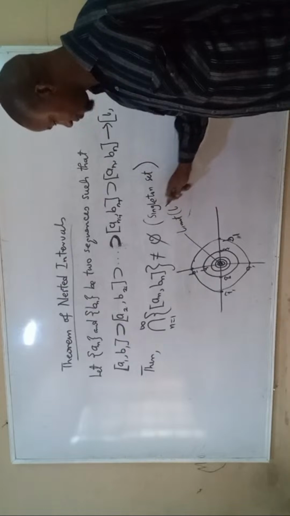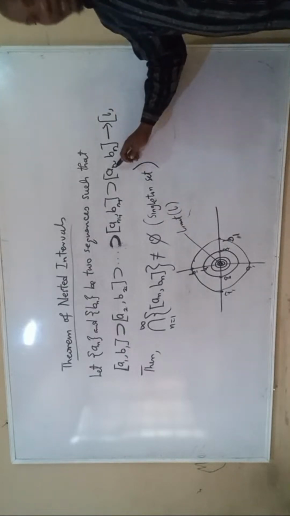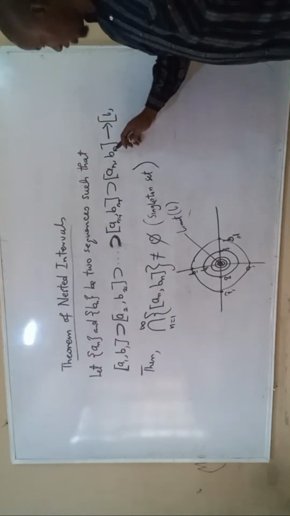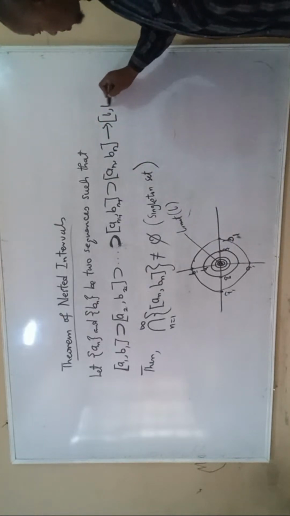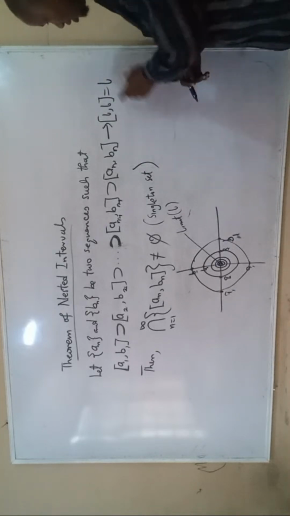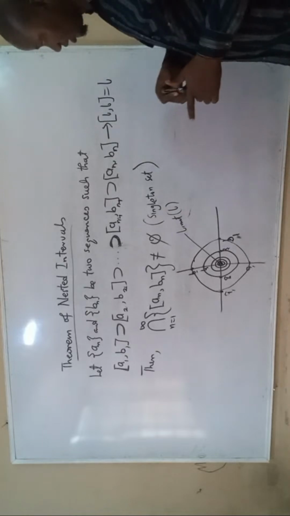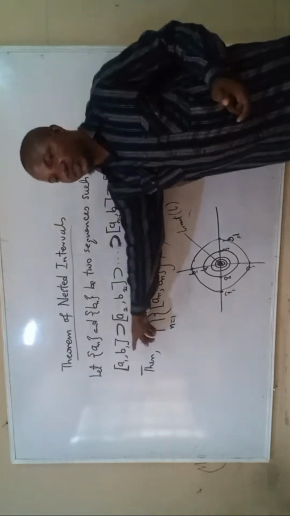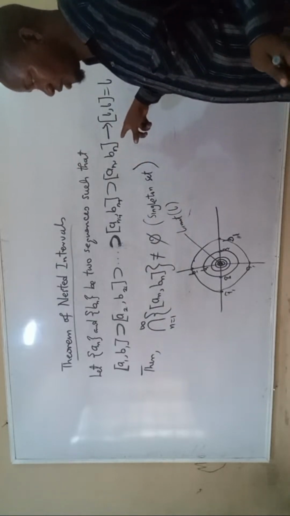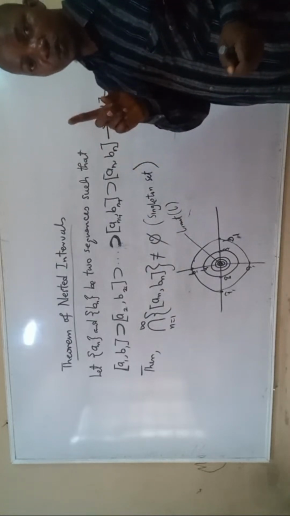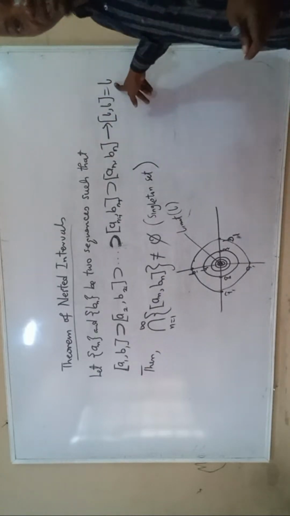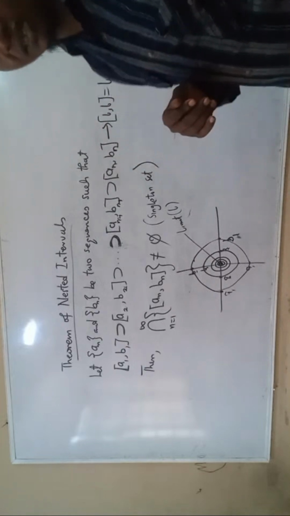This A_n is going to this point, this B_n is also going there, so each of them goes independently, and I just say this is L. What I'm saying is that if you take the intersection of all these nested intervals, what we get is just a point, and that point is L. And that's what the theorem of nested intervals is saying.